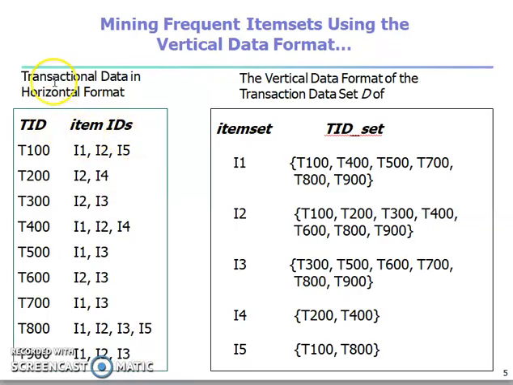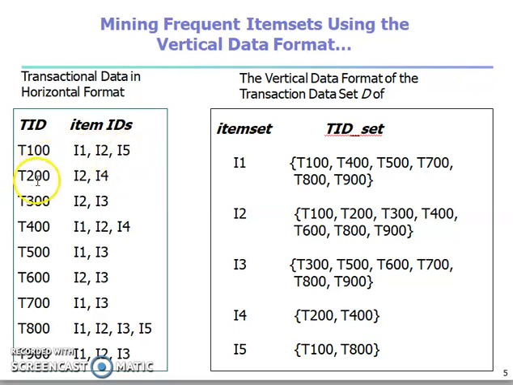Here is a given transactional database. Here you have transaction IDs T100, T200, T300, and so on, and for each transaction ID you have a number of items. For example, T100 has I1, I2, I5.